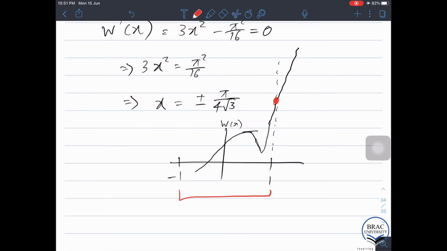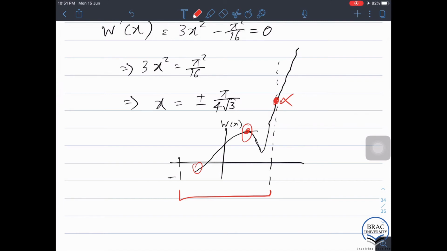But if you are calculating first derivative equal to 0, you will just get this point, not this one. You will not get this, because the value of the derivative at this point is not equal to 0. So you not only have to check it at the points where it's the extremum point, you have to check it at the corners as well.